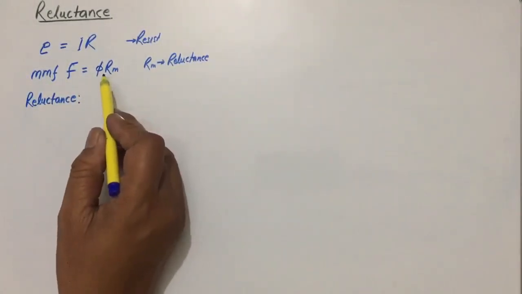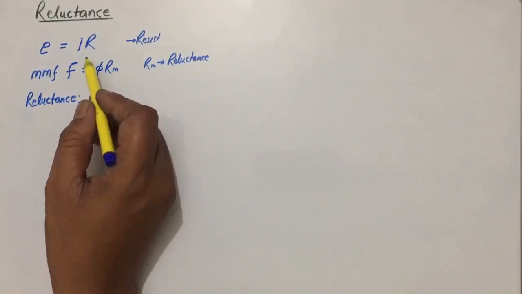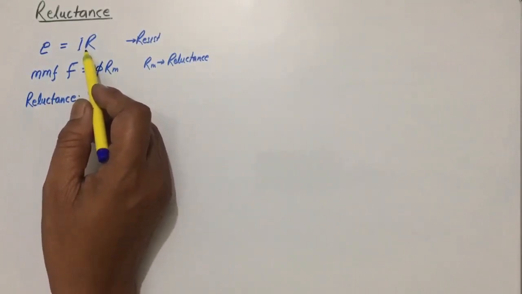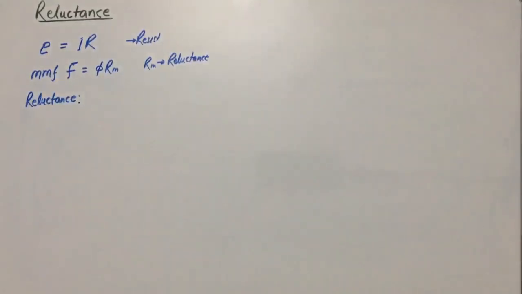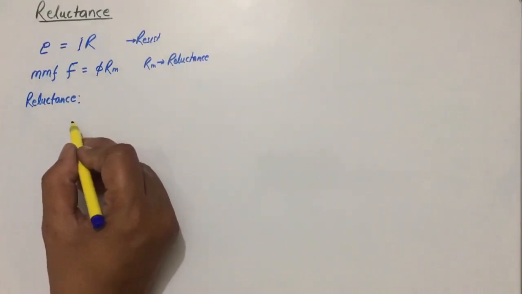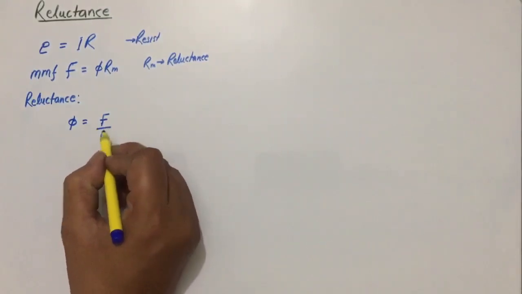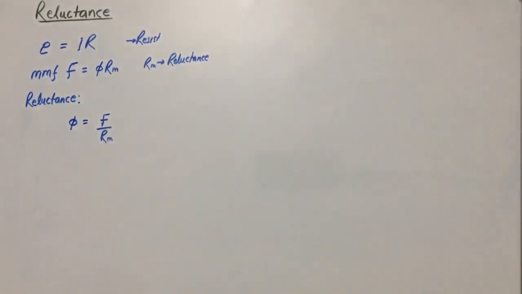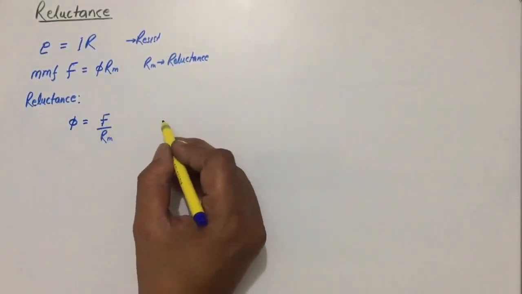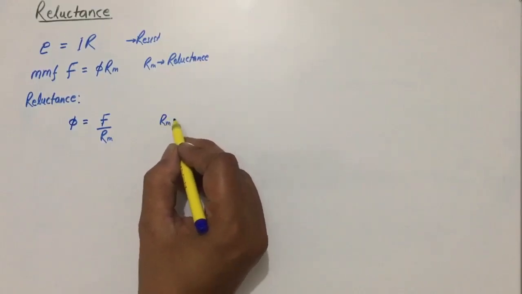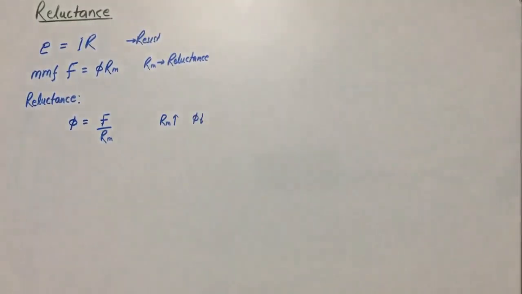So if we define the reluctance, it represents the opposition to the magnetic flux in a magnetic circuit, similar to the resistance that represents the opposition to the current in an electrical circuit. From this equation we can write magnetic flux is equal to MMF divided by the reluctance of the material. To keep MMF constant, if Rm is increasing, then flux should decrease.